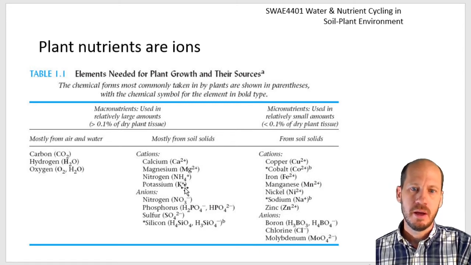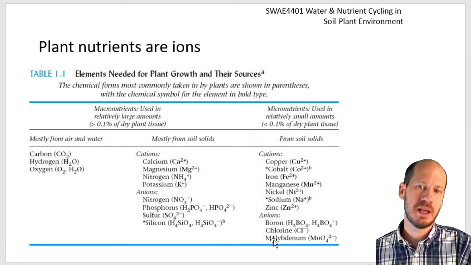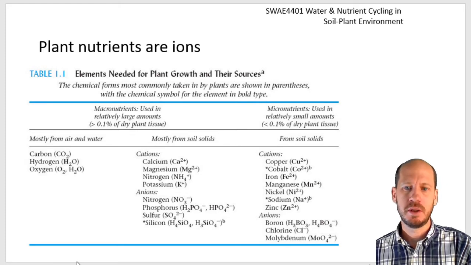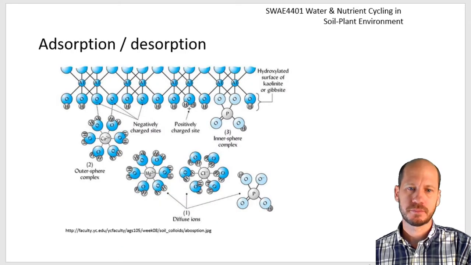For example, calcium can interact with the phosphate and with the surface of a clay at the same time, bridging those anions so they can adsorb to the solid phase. So both cations and anions will interact with the solid phase. Some ions will interact more strongly than others, and this will also regulate their behavior in soil. How mobile they are in soil depends on how strong the interaction is between these ions and the solid phase.